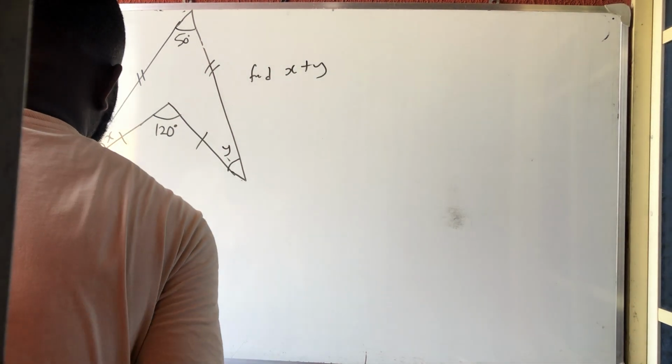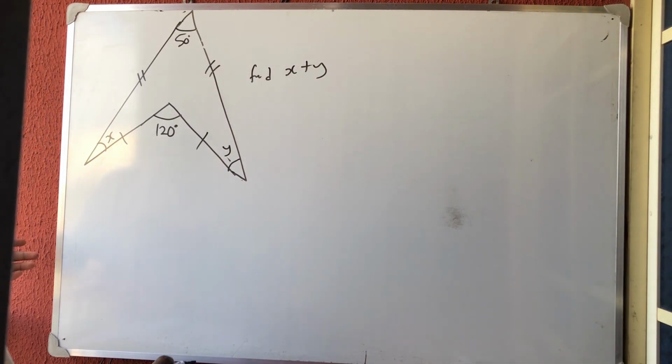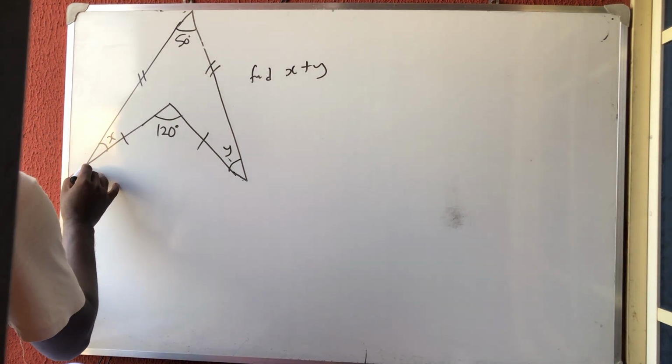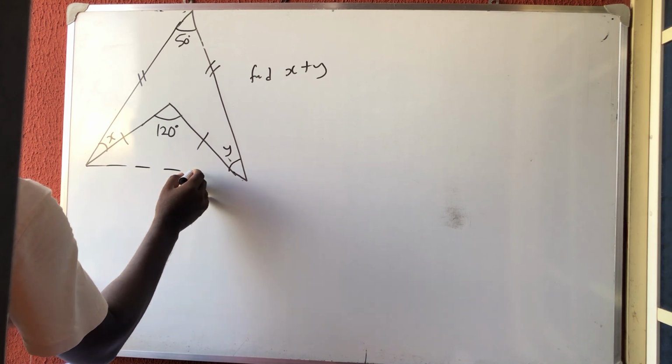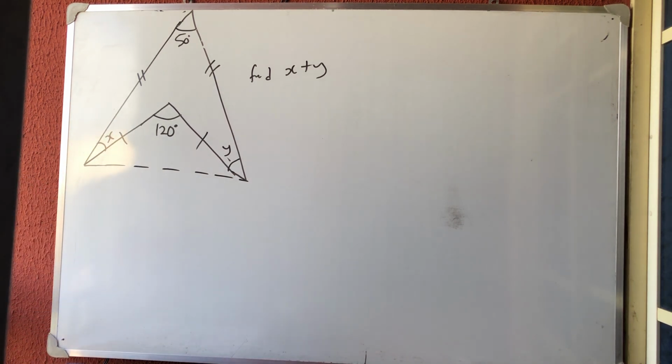Okay, see that this is very simple. Now if you look at this, it is automatically a triangle, so let us complete it to be a triangle before we start solving.